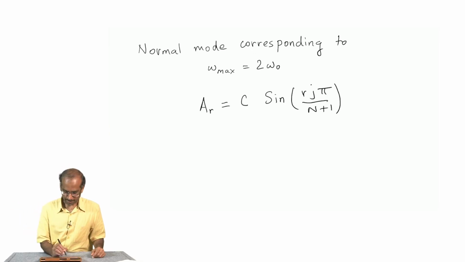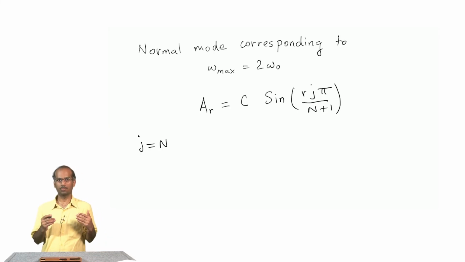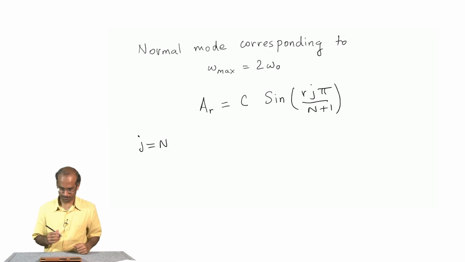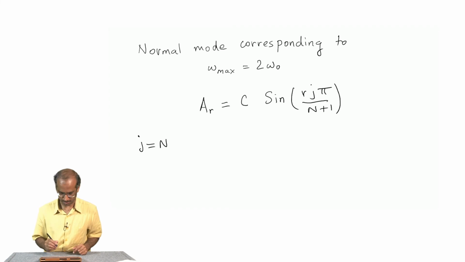So, to fix the parameters, I am going to look at the normal mode corresponding to the largest frequency. That means that j is equal to n, and of course, r will go from 1 to n. A 0 and A n plus 1 as usual are equal to 0.